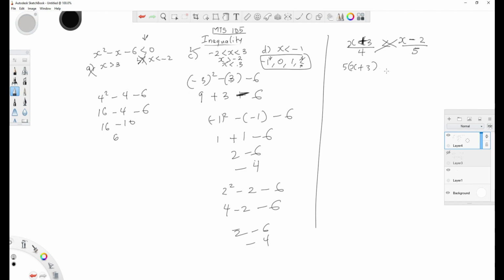5 times x plus 3, and remember that you need to be careful about the inequality sign. Then you solve it. But what if the question is too bulky, or probably you don't have time, you just want to pick the options and go to the next.